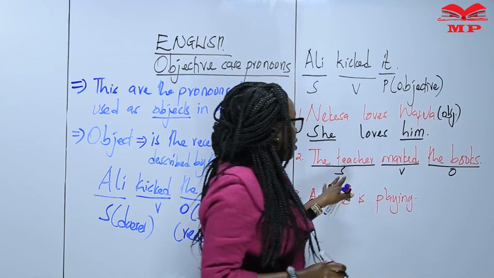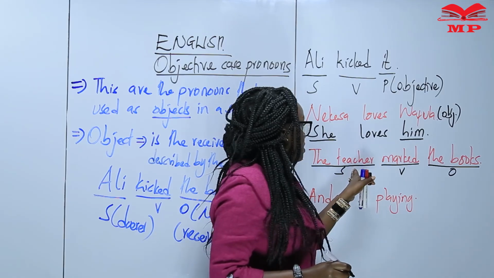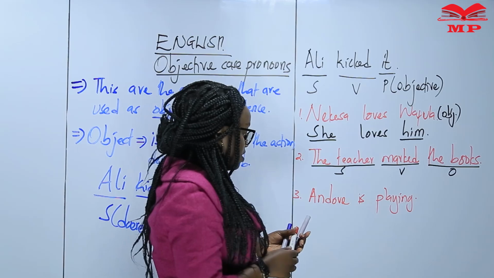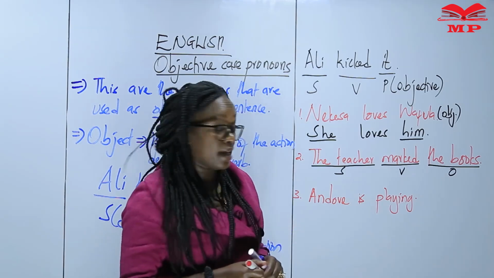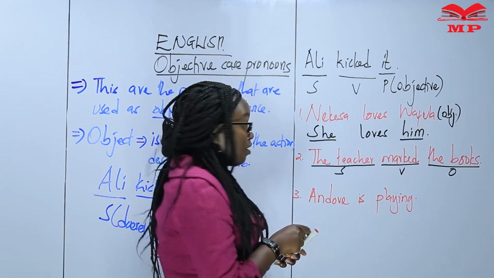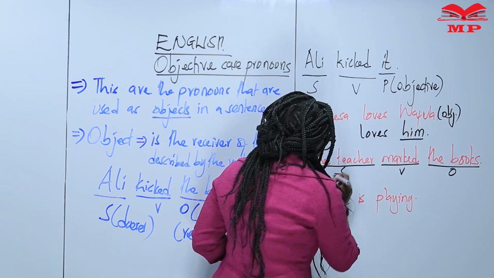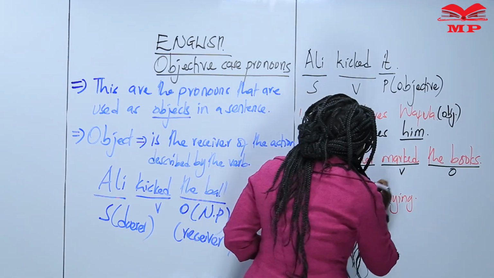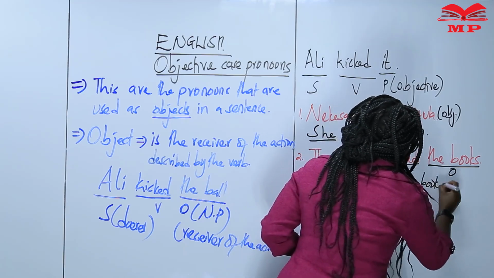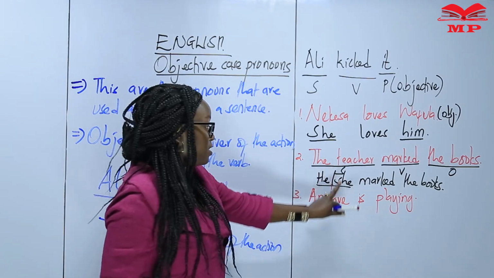If we try to replace the teacher here with a pronoun, because we do not know the gender of the teacher and we do not want to be gender biased, we could actually make use of either of the two pronouns that we use to indicate gender. He or she marked the books. So in this case, he or she are actually examples of subjective pronouns.